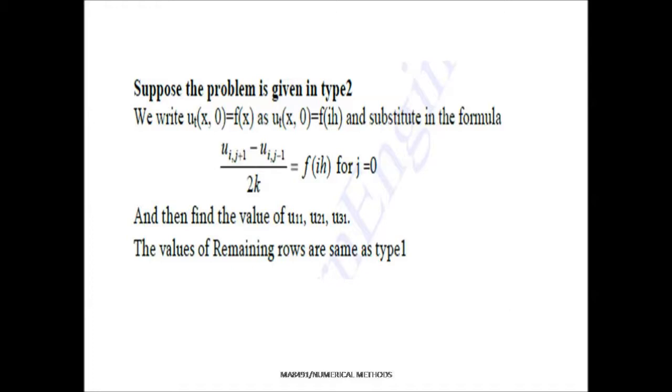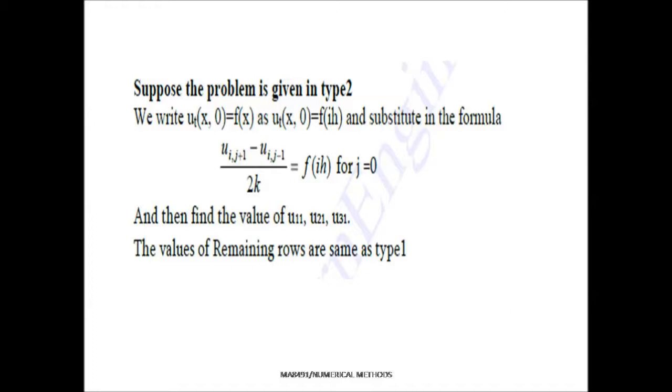By applying this formula, you will be able to find the values u11, u21, u31, etc. The remaining values in the table can be found as in type 1. Since we have found the initial conditions, it will be easy for us to find the remaining rows.